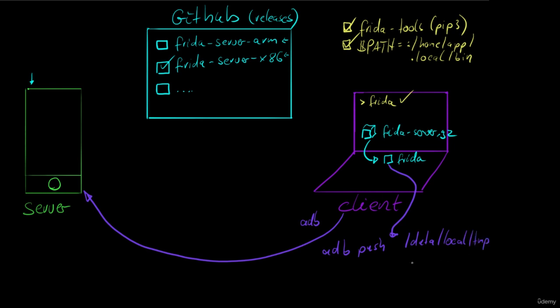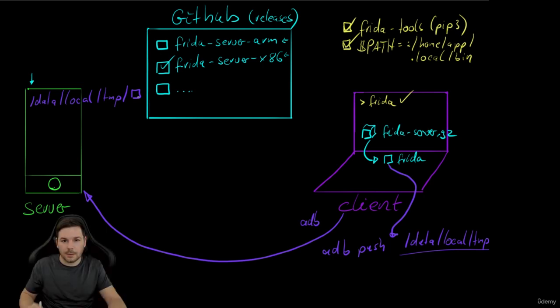This is the only directory that can run executables. Therefore, we need to put this over here on the smartphone within data local tmp. We have now this Frida binary.